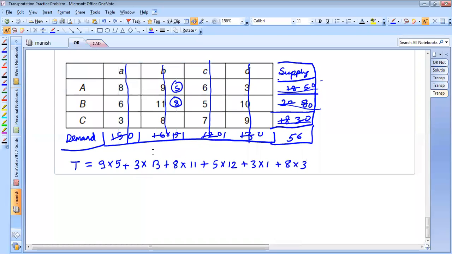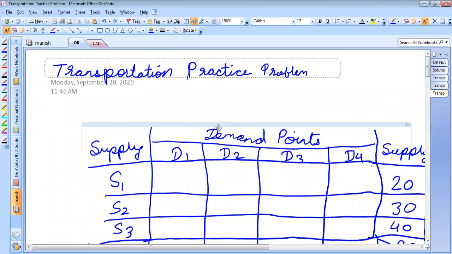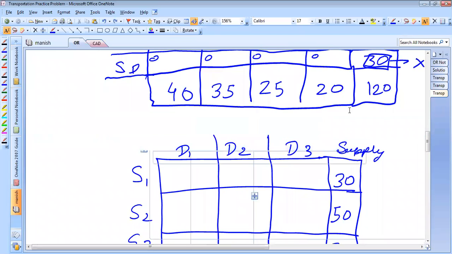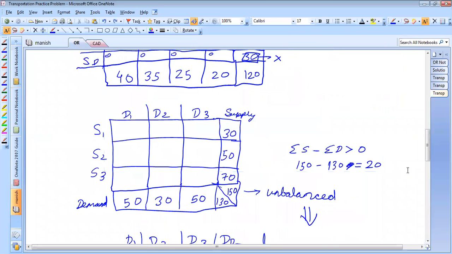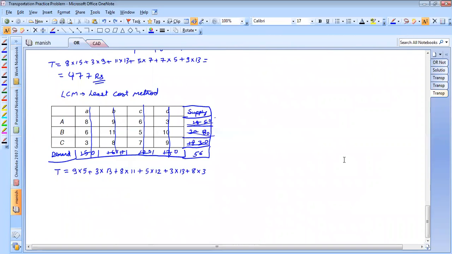Okay, so I think I made some mistake. I did some deleting. Let me just scroll it a little down.